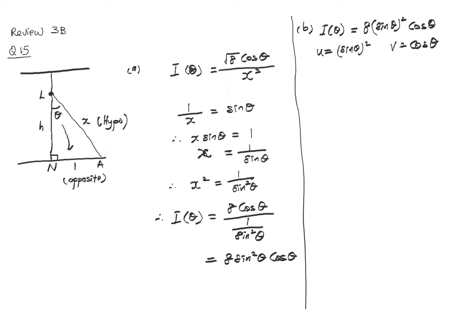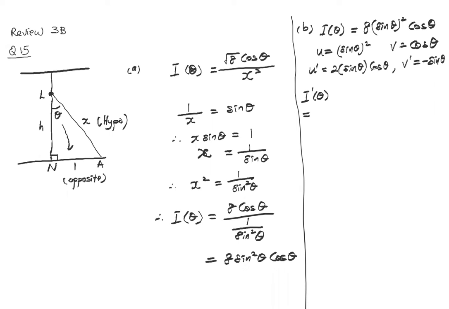So when I differentiate, u prime will be 2 times chain rule: you differentiate sin, you get cos. V prime, you differentiate cos, you get negative sin theta. Okay, so now you put into your product rule.